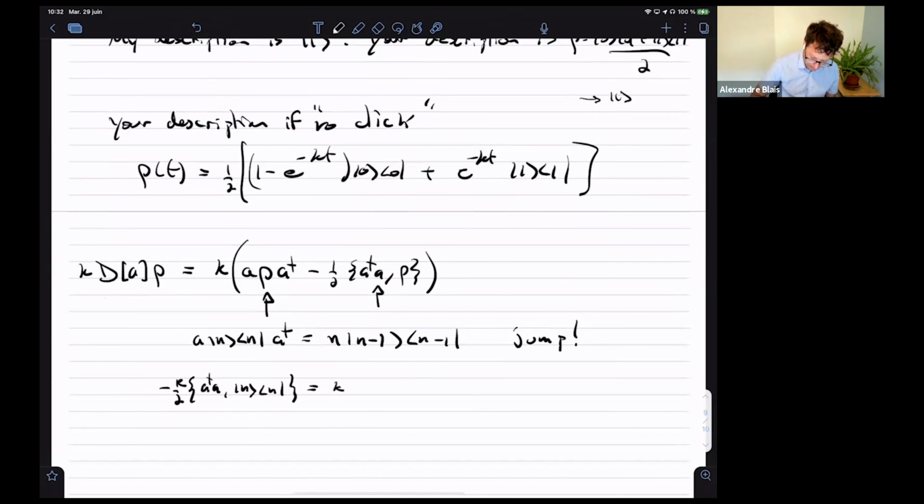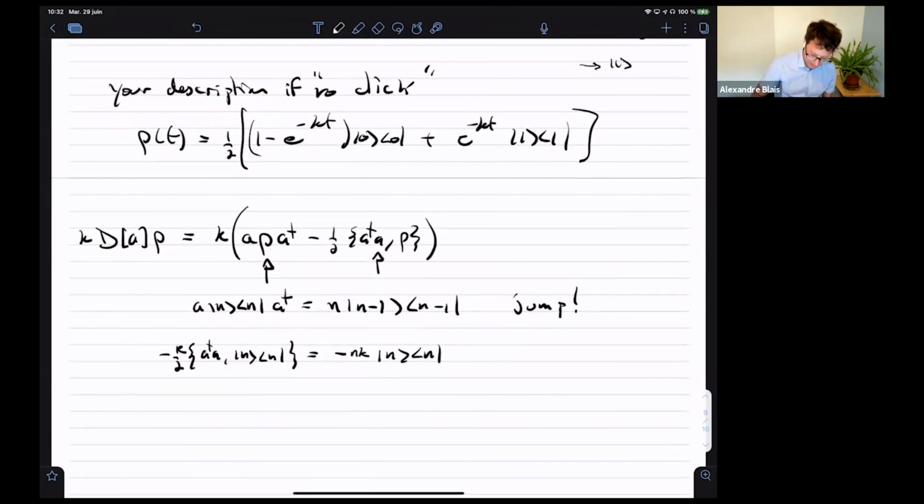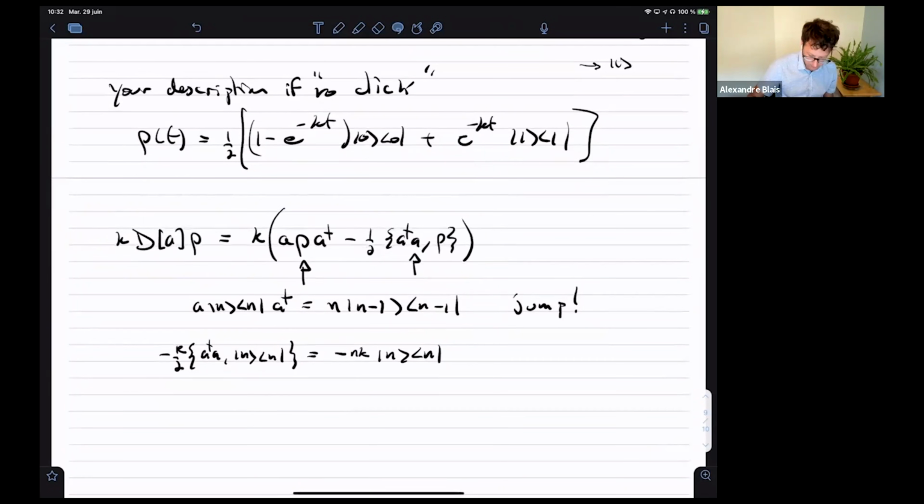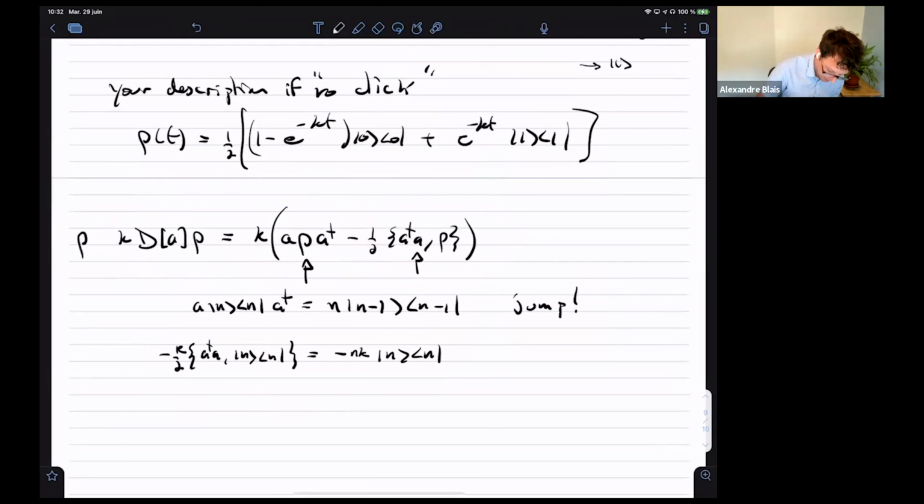So that's n kappa, with a very crucial minus sign. What does this term do? Remember that this term is on the right-hand side of rho dot.